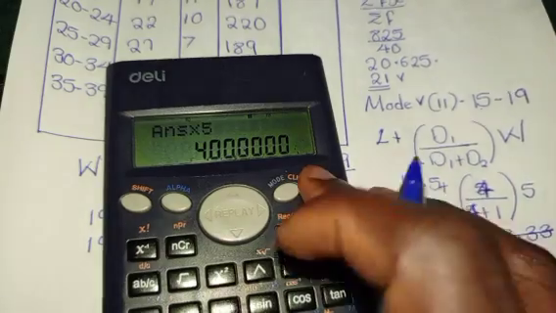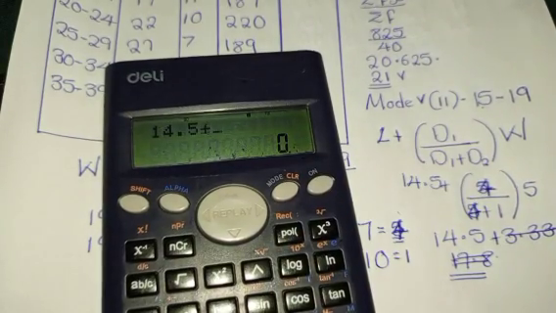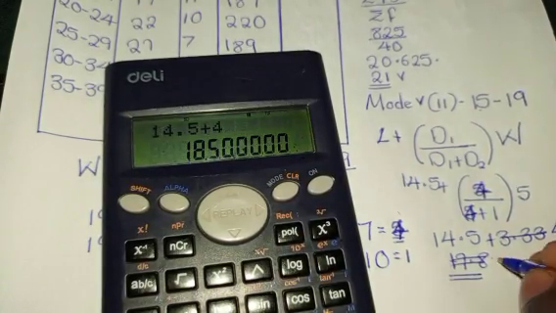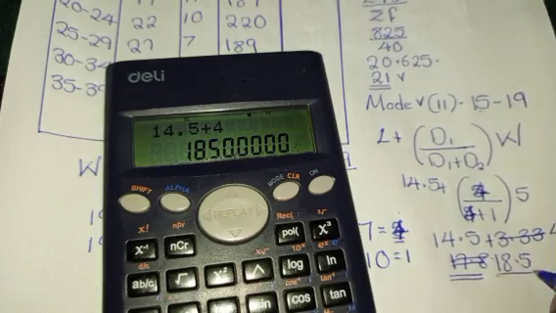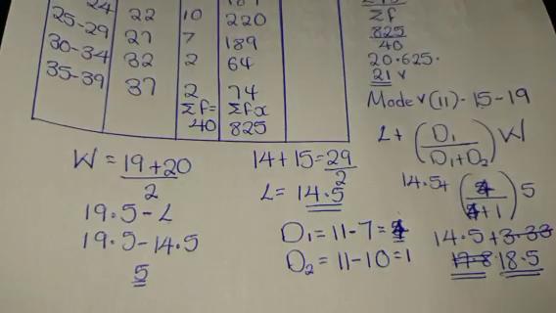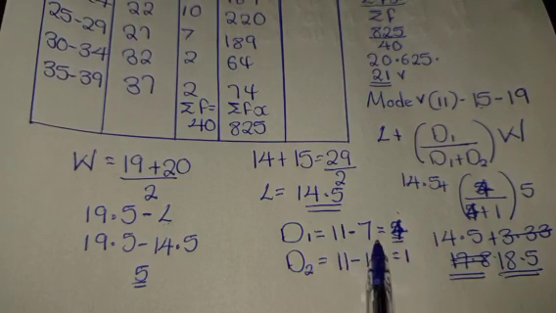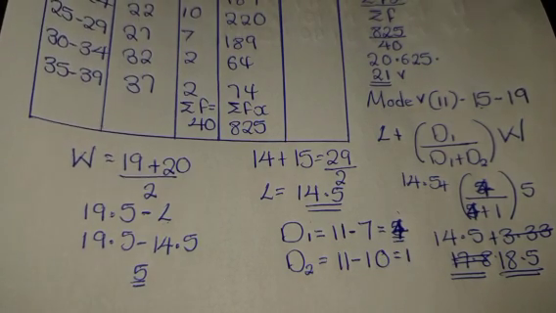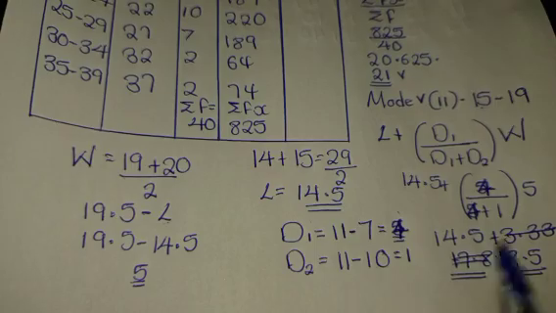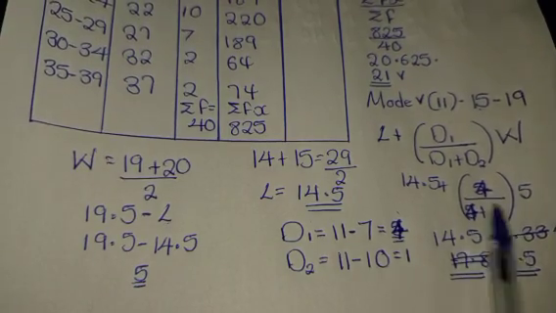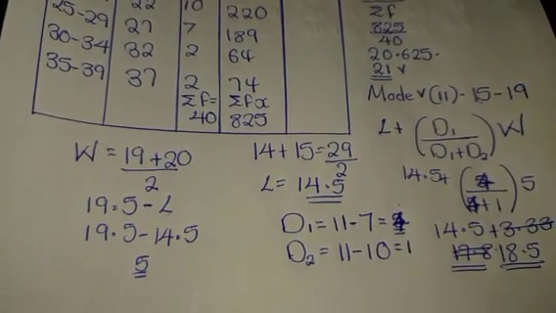So we have 14.5 plus 4, and we get our answer to be 18.5. Remember the only mistake we made was here, 11 minus 7, that is equivalent to 4. Then we just had to put a little bit of changes there.